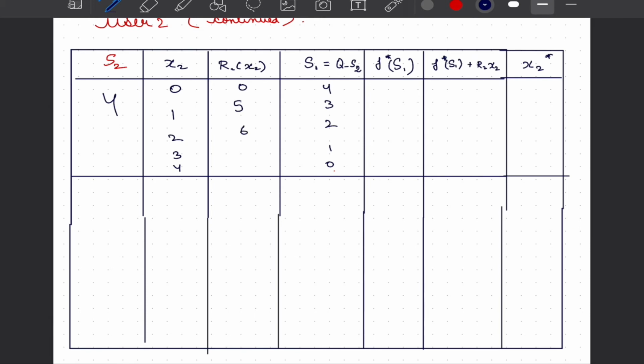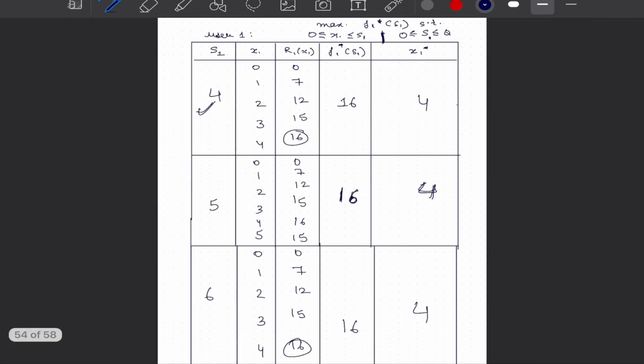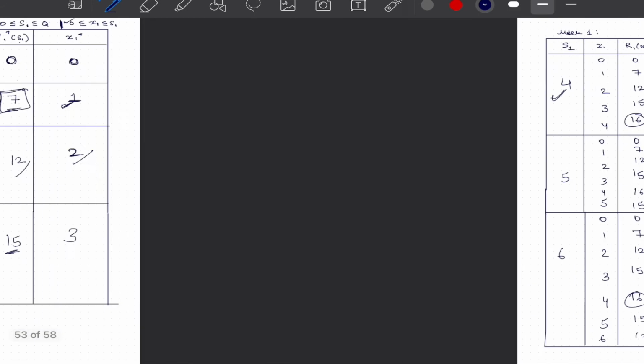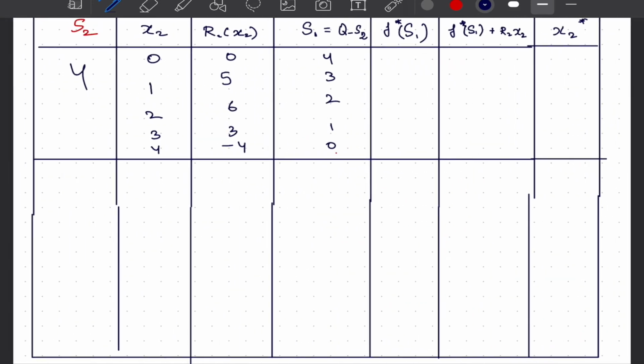Now we will move to our next case, where we will have 4 units of water to be allocated. So 0, 1, 2, 3, 4, and this would be 4, 3, 2, 1, 0, and the returns would be 0, 5, 6, 3, minus 4.